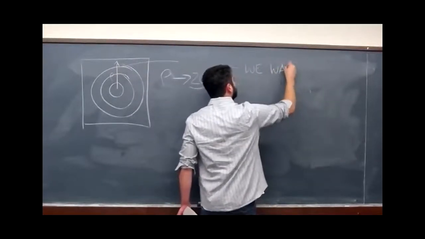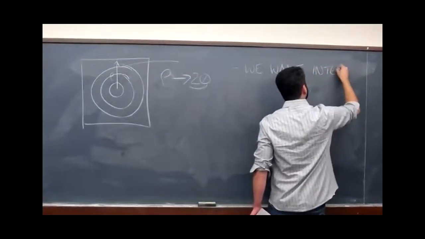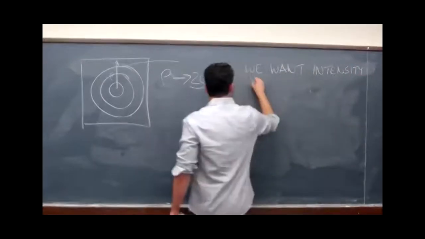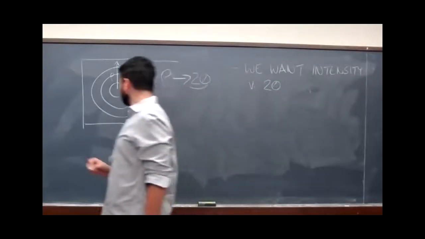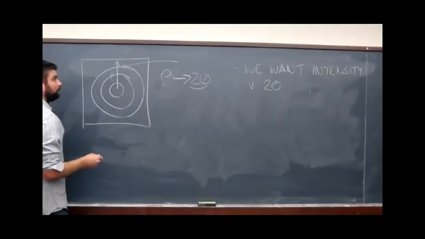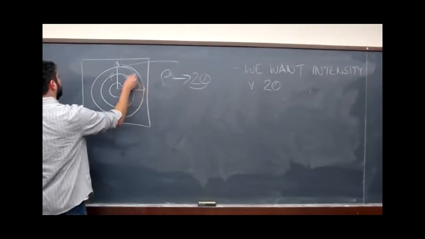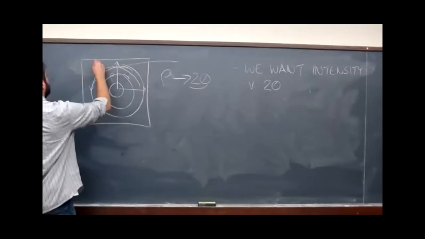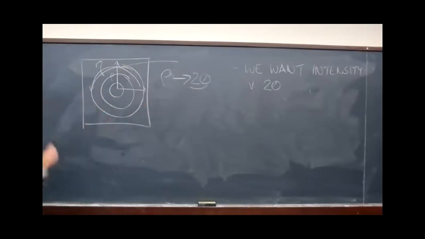So we want intensity versus 2 theta. So what we're going to have to do is integrate our diffraction data along this angle that we're going to call eta, or azimuthally around the ring.